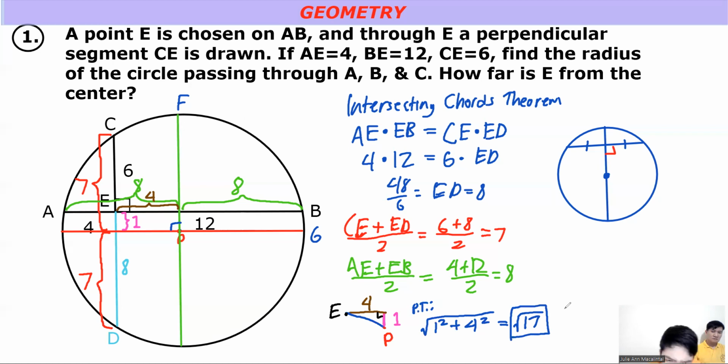So now for the radius, we can use AB, C or D, maybe even F or G if possible. But in this case, I will just use P to B. So earlier we found that the segment from PG to AB was 1. This is 1.